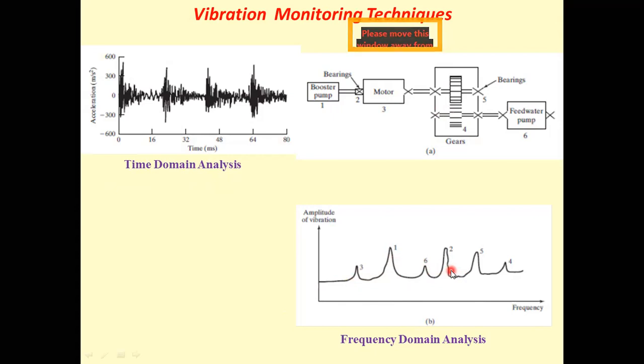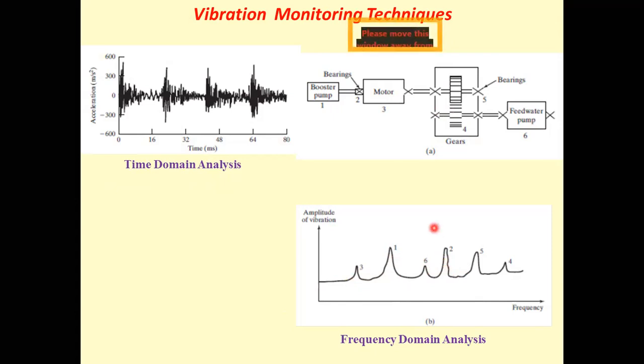By comparing the frequency spectrum of the machine in damaged condition with the reference frequency spectrum corresponding to the good machine, the nature and location of the fault can be detected.